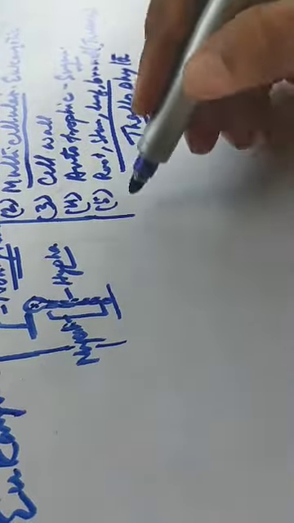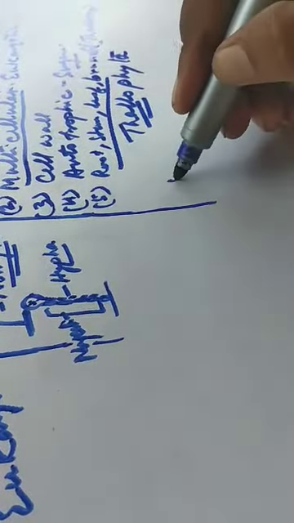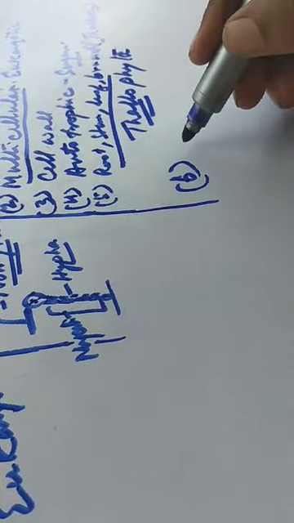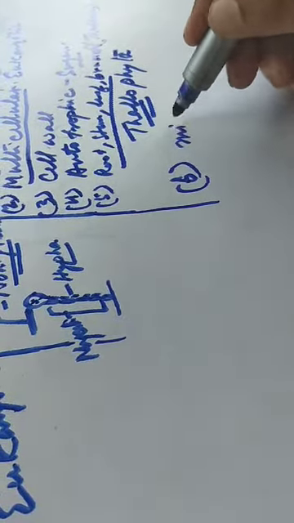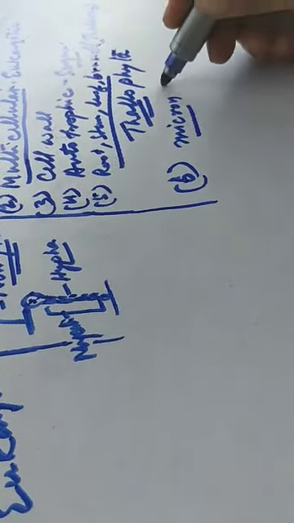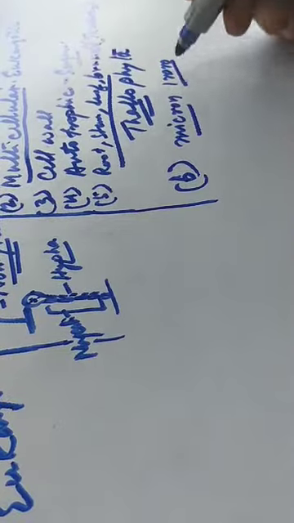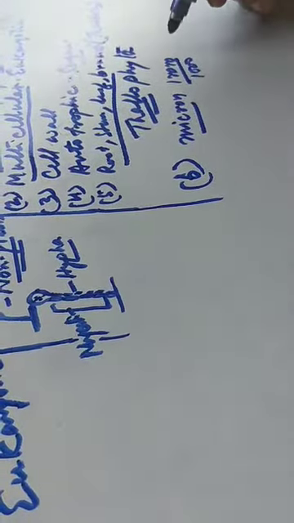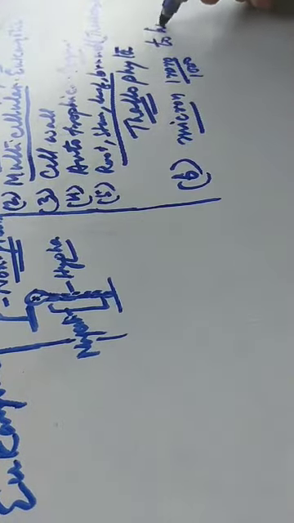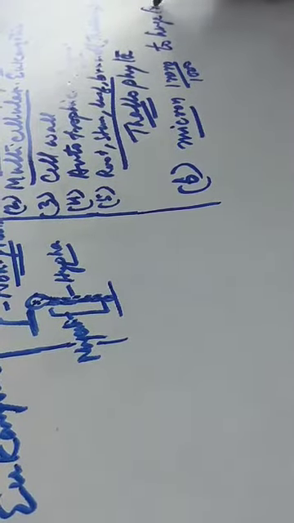Clear? So regarding the size, the plants may range from microns. You remember, a micron is a unit of length, that is when 1 millimeter is divided into 1000 parts, right? This size to huge trees.